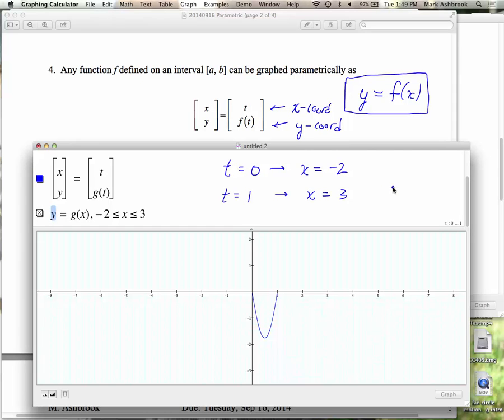And somebody else. Crystal. So we know that t varies from 0 to 1. We want our coordinate pairs to vary from -2 to 3. Okay. So I would set up an inequality: 0 is less than t is less than 1. And what can I multiply or scale that by to make it a width of 5 units?